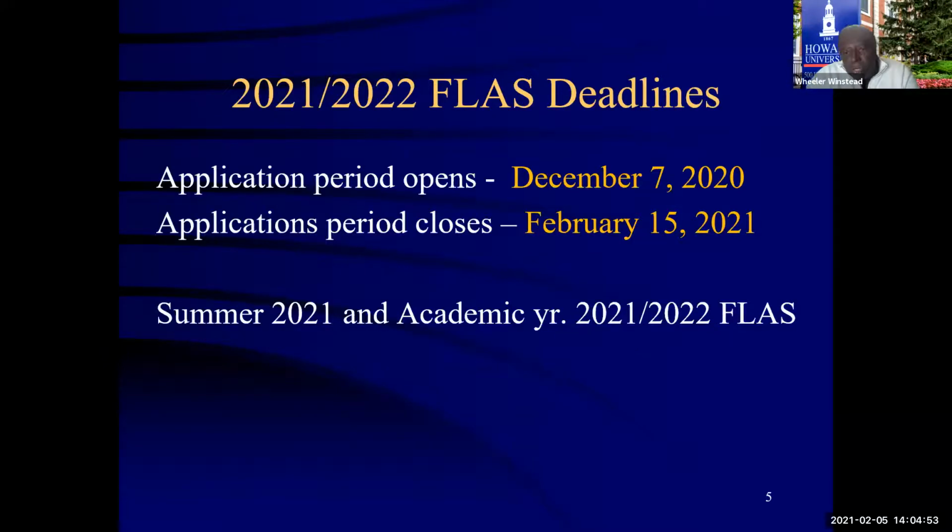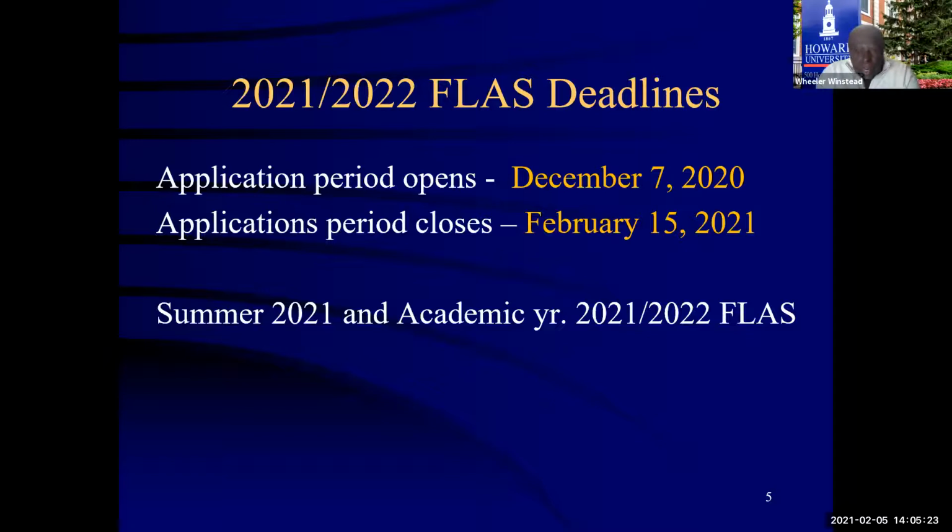So first, the deadlines for the applications. The application for both the summer and the academic year are open and closed at the same time. There are no two separate application deadlines, although there are two separate applications. The application period opened December 7th, 2020, and it will close February 15th, 2021.